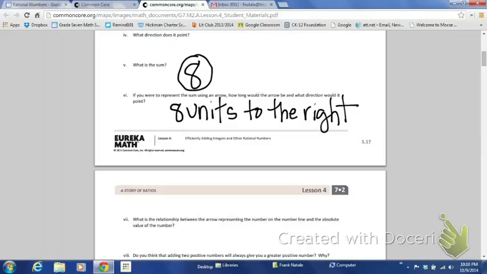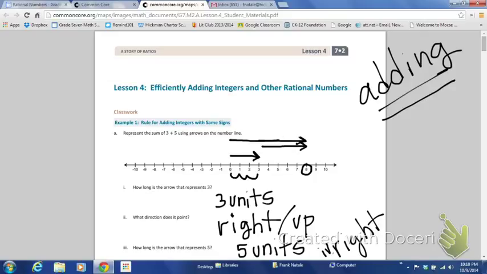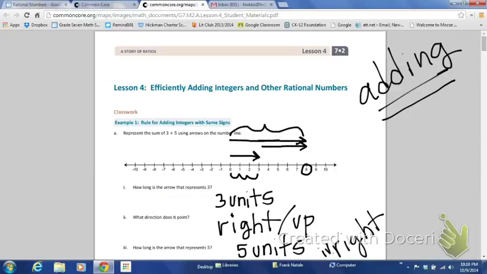What is the relationship between the arrow representing the number on the number line and the absolute value of the number? The length of the arrow is the absolute value of that number.